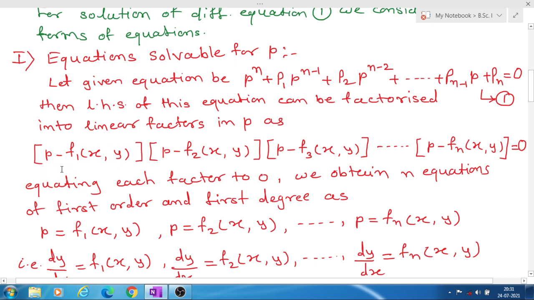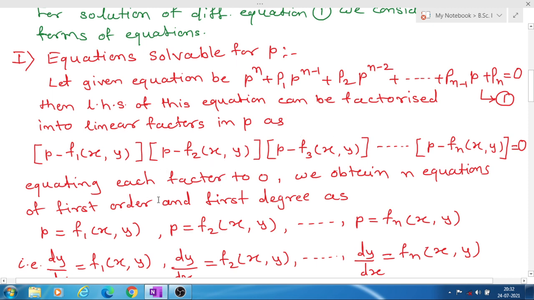Therefore, factors may be in this form: p minus f1(x,y), means p minus some function of x and y. When a polynomial is in x, that is x^n + p1 x^(n-1) and so on, we factorize it and the factors are x minus some constant.